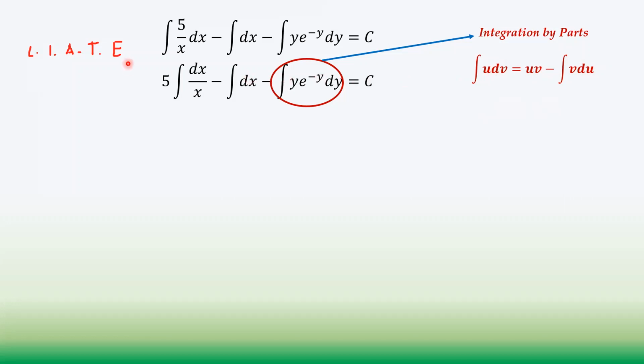Based sa ating acronym na LIATE, ang magiging u mo dyan is yung algebraic, which is y.